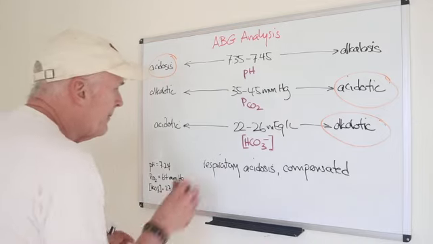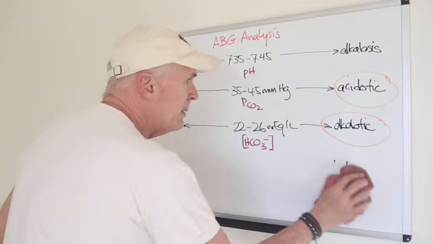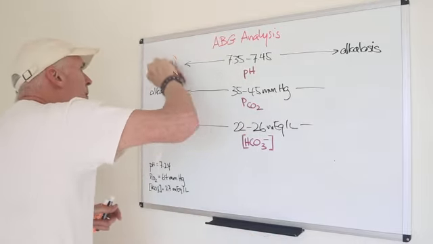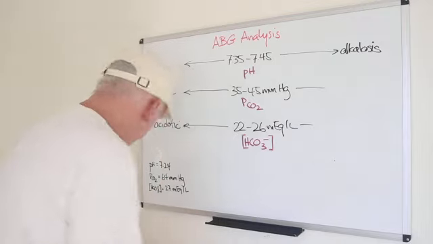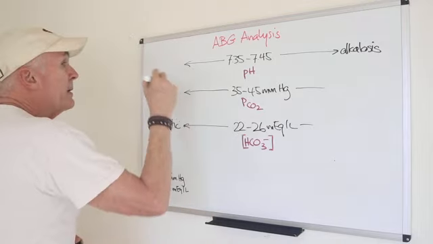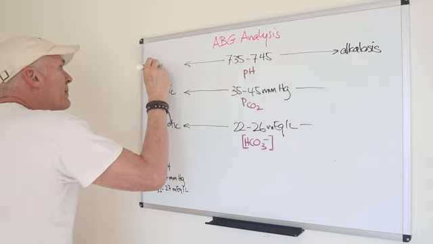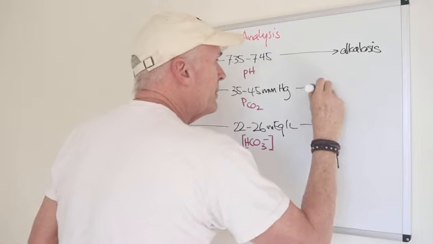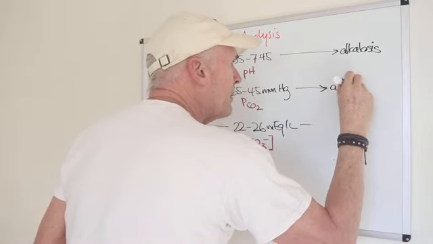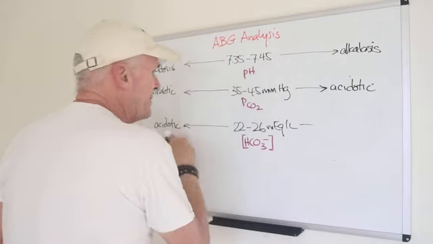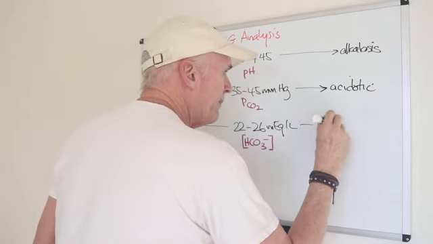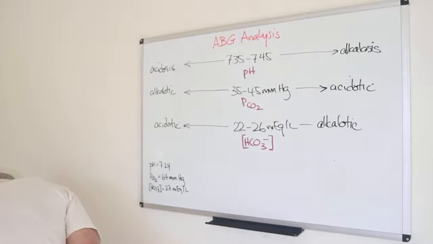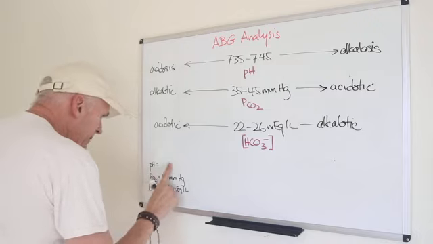So let's get rid of this. Use the rags from working on my truck. So here we got alkalosis. Here's acidosis. Alkalotic. Here we have acidotic. Acidotic, alkalotic. Okay. And let's use a different example here. So let's get rid of these numbers.